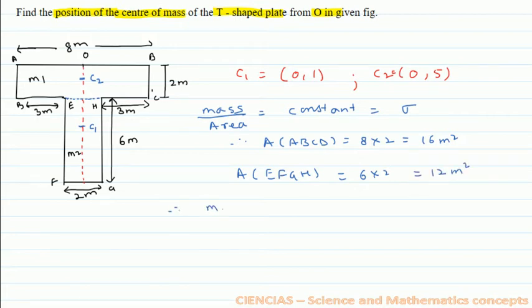Therefore, M1 will be equal to 16 sigma and M2 will be equal to 12 sigma. Now we'll see the solution for this.